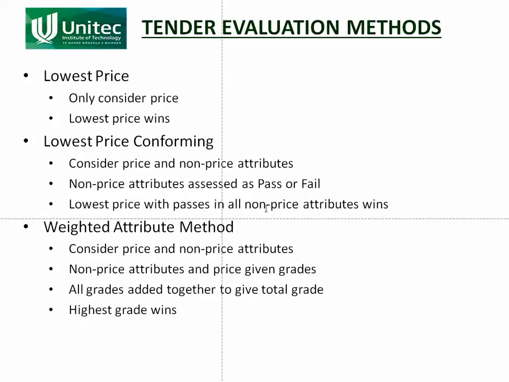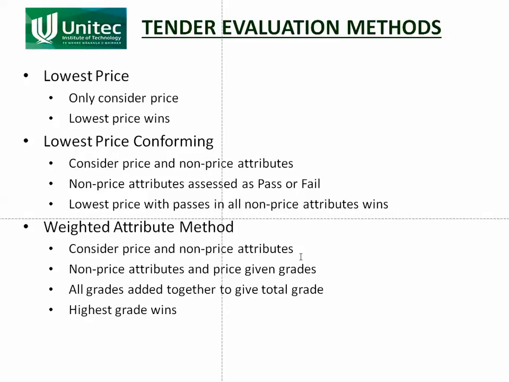So it might be that a tenderer has really good experience, and another one has just marginal experience, but they both get a pass. In the weighted attribute one, the tenderer that has the minimal experience gets a lower score than the one that's got the really good experience.